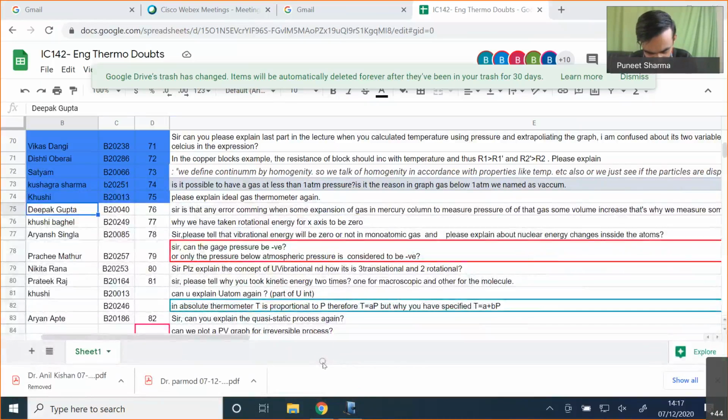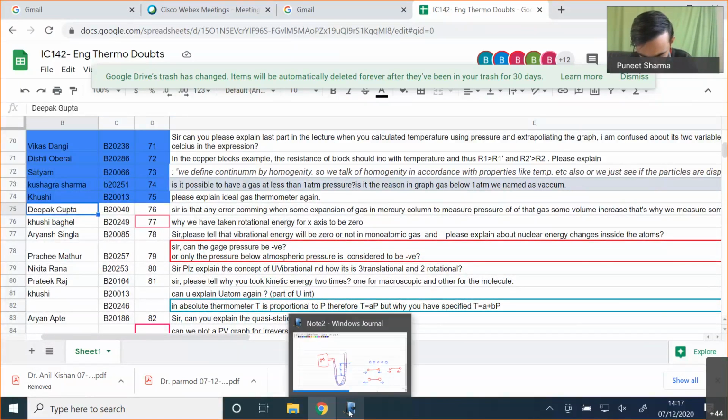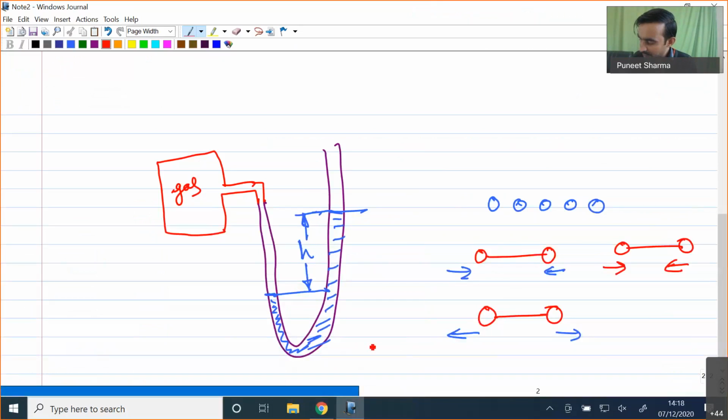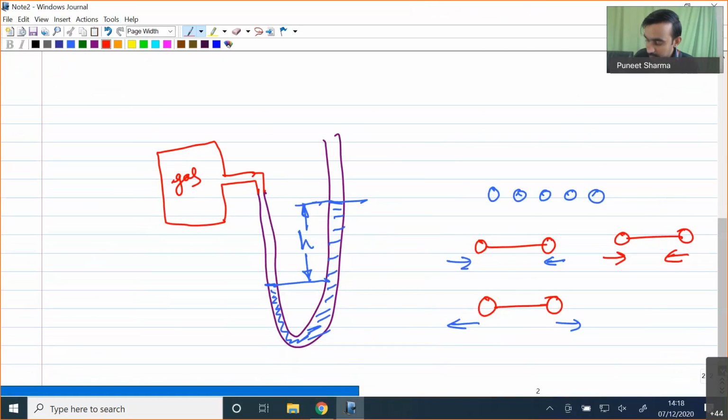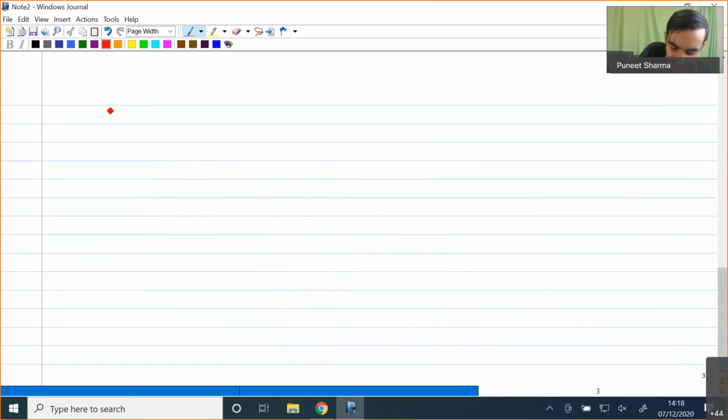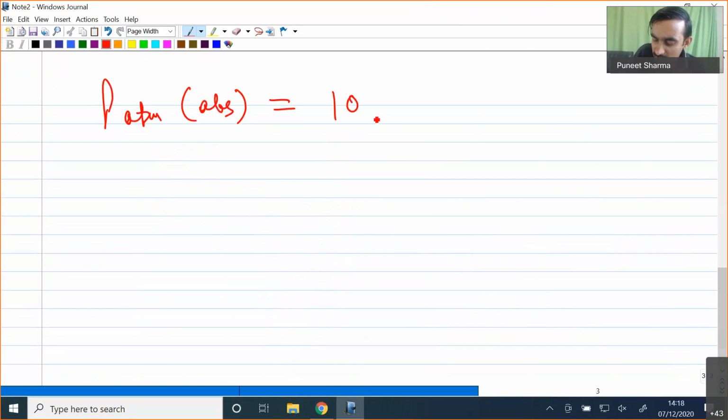Okay, then the next question is, can the gauge pressure be negative? Yes, gauge pressure can be negative, because we know that at atmospheric pressure the value of gauge pressure is equal to 0. Atmospheric pressure in absolute terms, P atm, is 101.325 kilopascals.